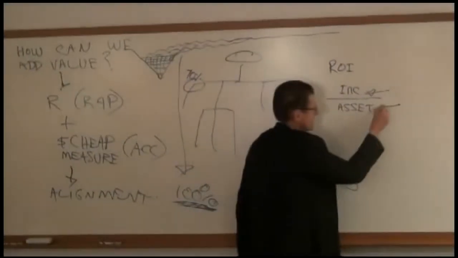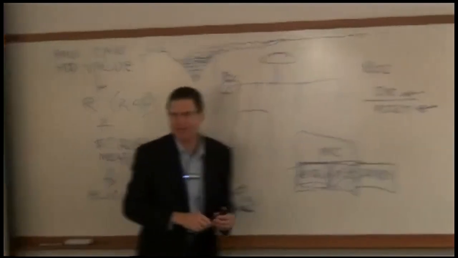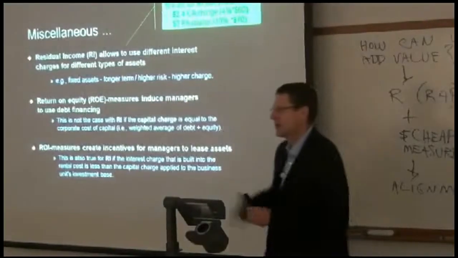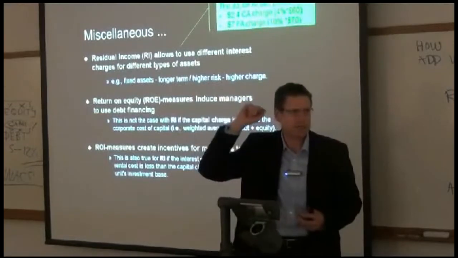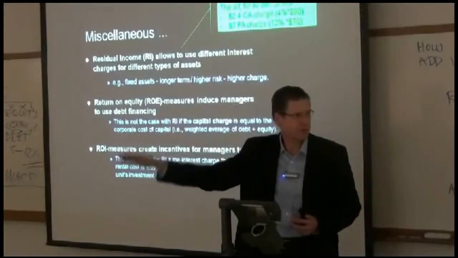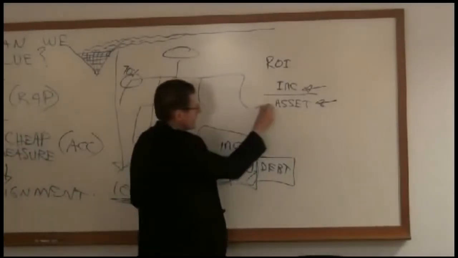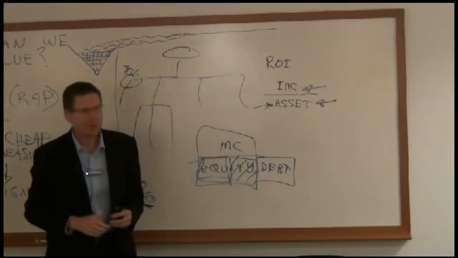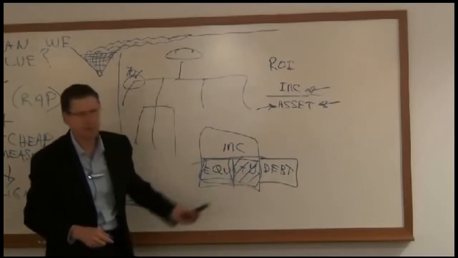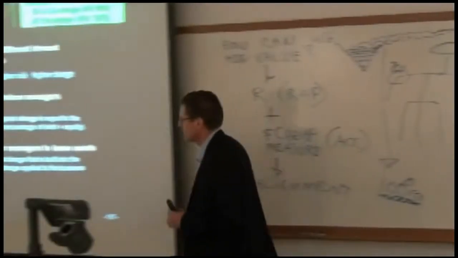You can play with assets. You all know about earnings management, right, from corporate financial accounting. So you can play with assets here. One way of playing with them is changing the debt equity structure if it's in return on equity.